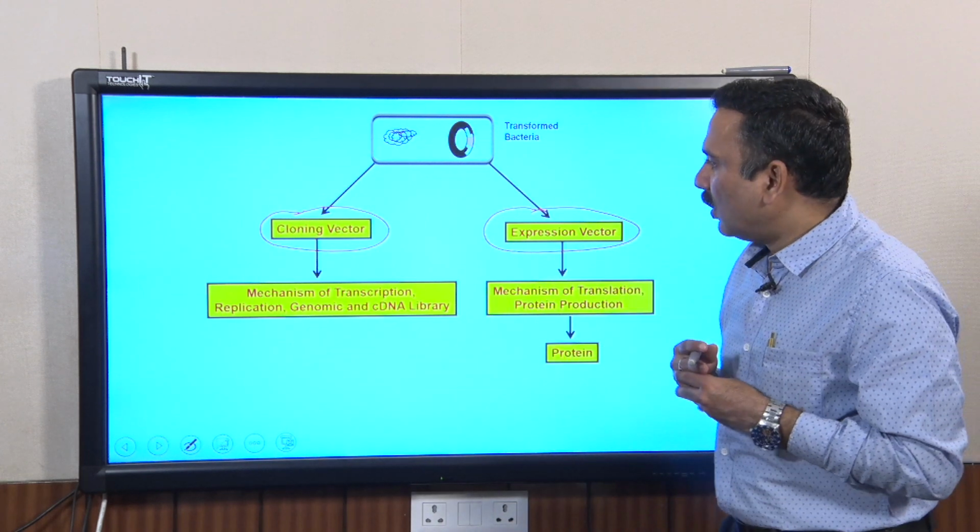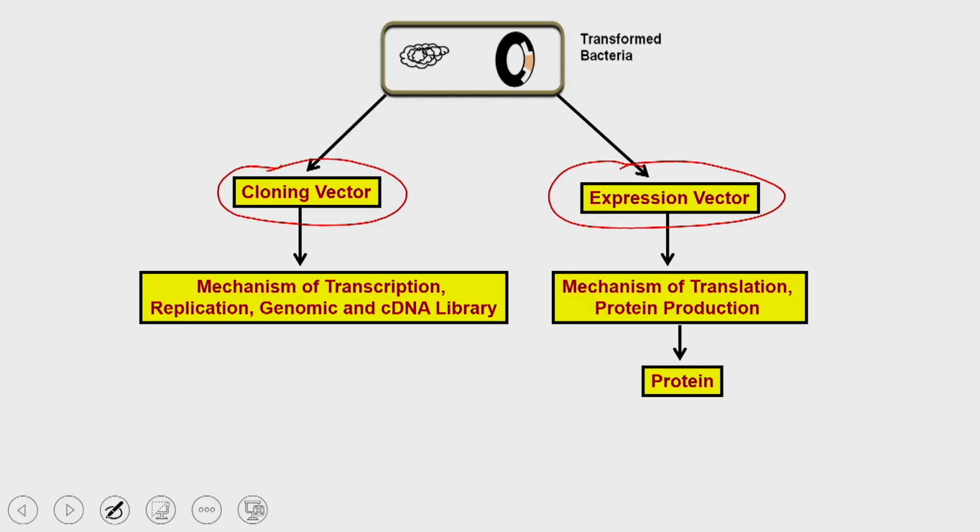In the case of a cloning vector, suppose you have generated a recombinant clone into a cloning vector, then the purpose of this recombinant DNA would be either to study the mechanism of transcription or replication, and similar strategies are used for generating genomic as well as cDNA libraries.